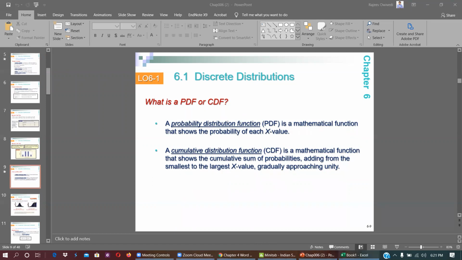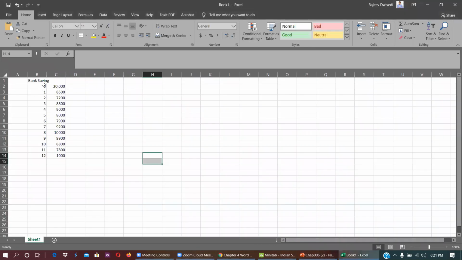So I'm just opening my Excel sheet. Can you see my Excel? Okay, perfect. So for example, this is my bank saving account.